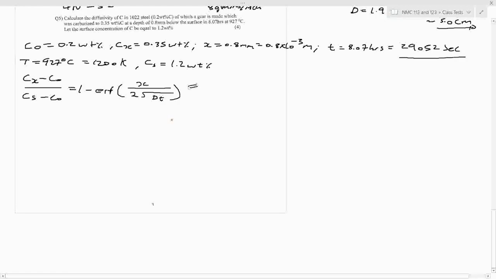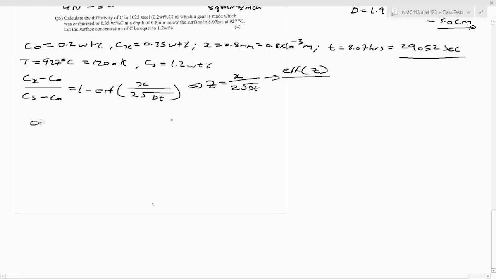And we know that Z is equal to X over 2 root Dt. What that means is the error function can be written as error function of Z, because Z is what is inside the error function. So we can substitute the values.